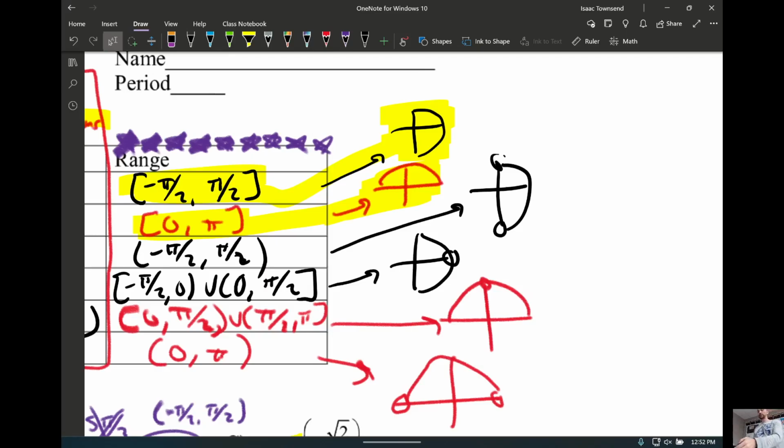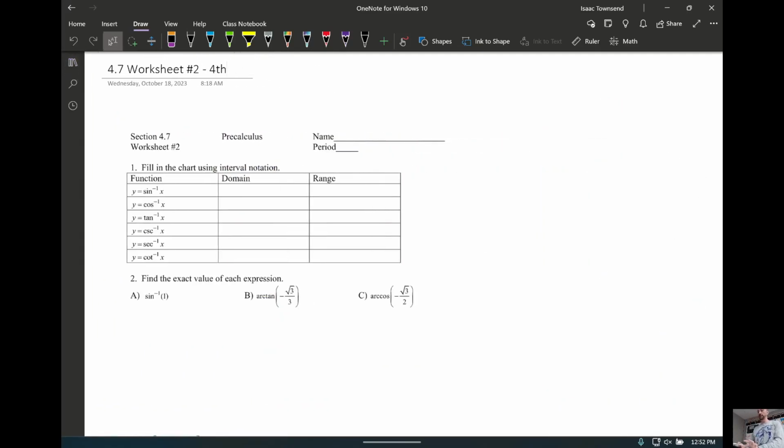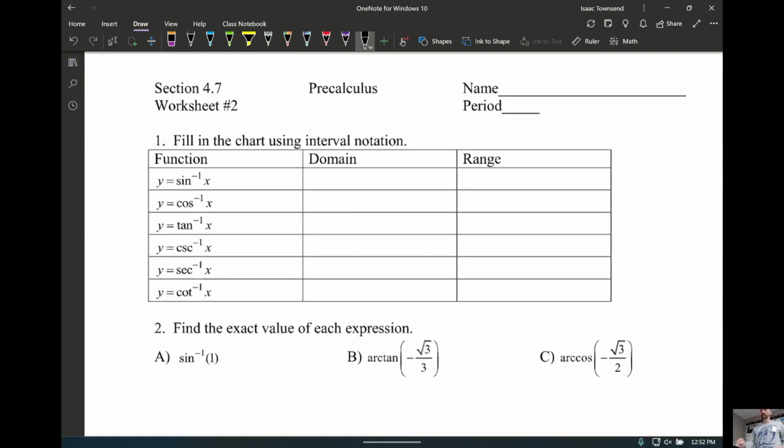And on worksheet 2, I need you to do the same question types that we just did on worksheet 1. So question 1 is exactly the same question as number 1 on worksheet 1. So don't just copy the answers over, use it as an opportunity to quiz yourself. And you need to do all of question 2.